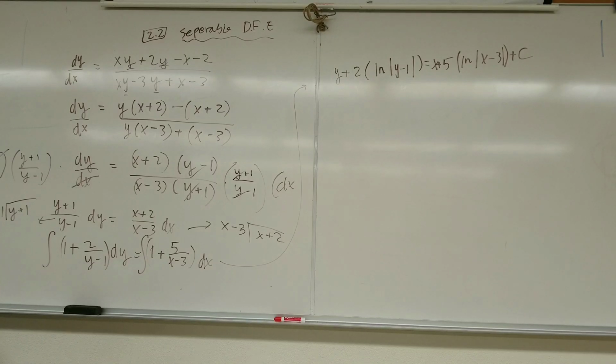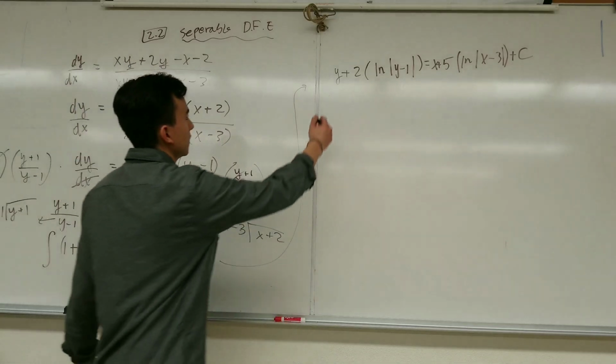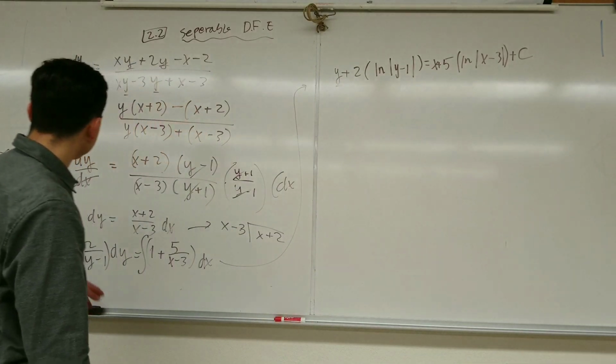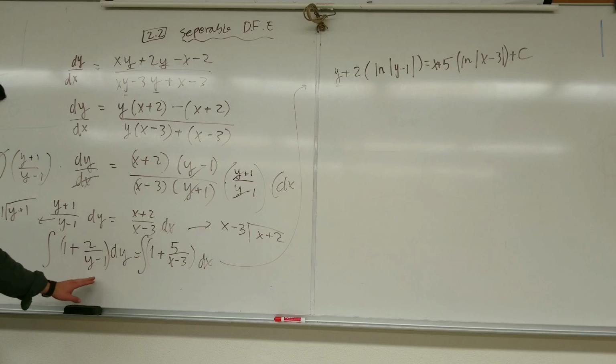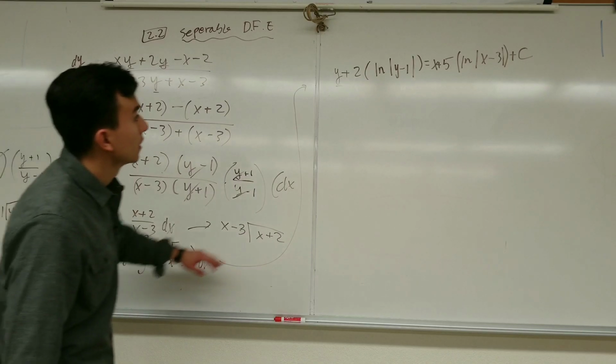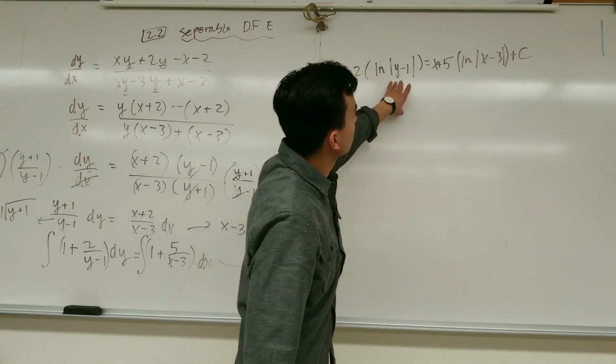It's a good problem. If you want to know how I got there, I'll tell you. If I take the integral of 1, I get y. If I take the integral of 2 over y minus 1, I'm going to get 2 times the natural log of y minus 1.